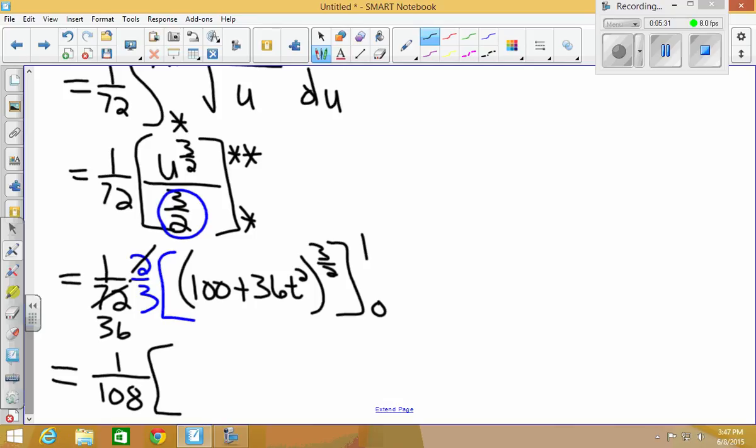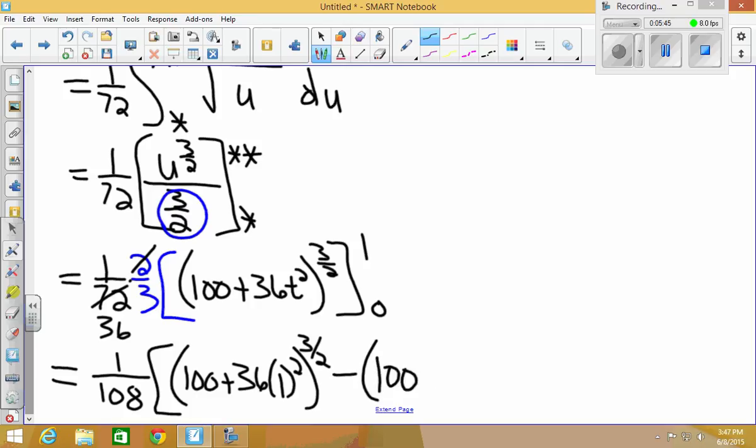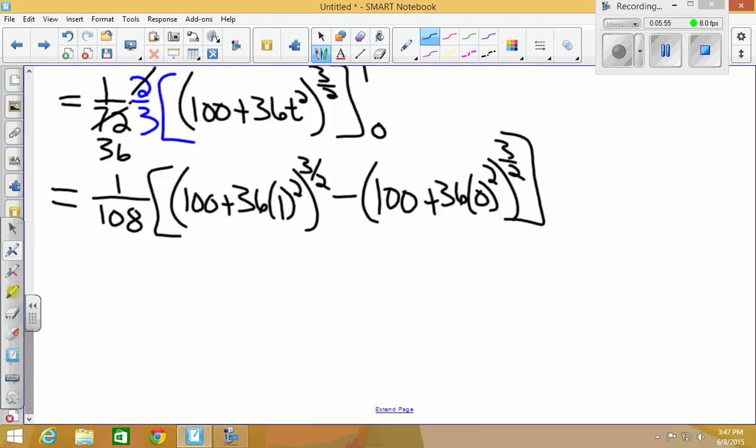Now we put in the 1 first, so 100 plus 36 times 1 squared to the 3/2, minus 100 plus 36 times 0 squared to the 3/2. One over 108.